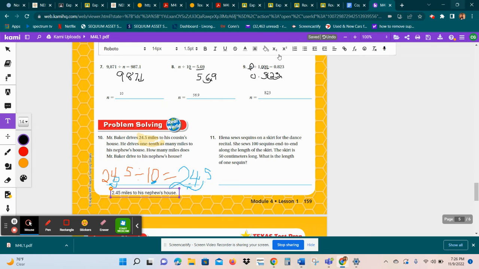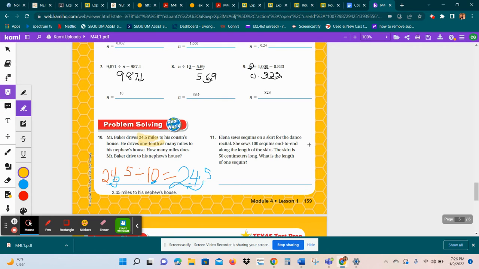All right, so let's go to number 11. Elena sews sequins on a skirt for the dress for the dance rehearsal. She sews 100, I'm going to highlight that 100, sequins from end to end along the length of the skirt.